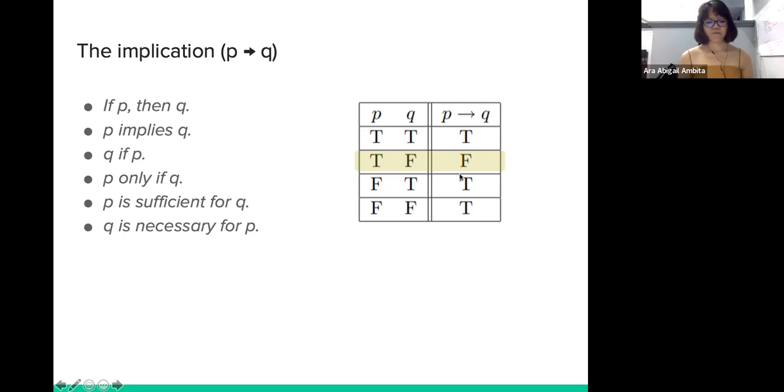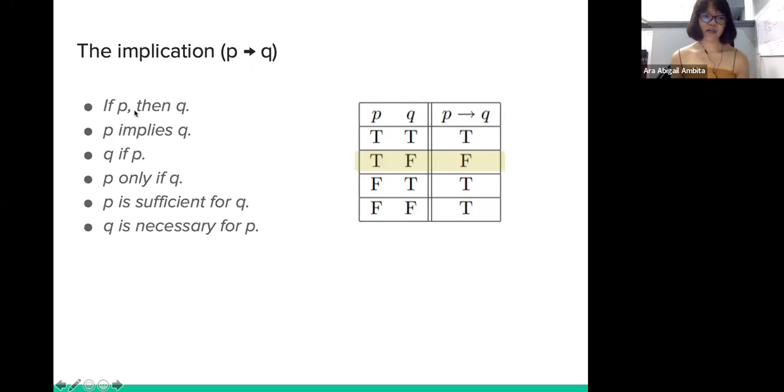then P implies Q will be true. Okay, so conditional statements play such an essential role in mathematical reasoning. That's why there are a variety of terminologies that have been used to express the implication.